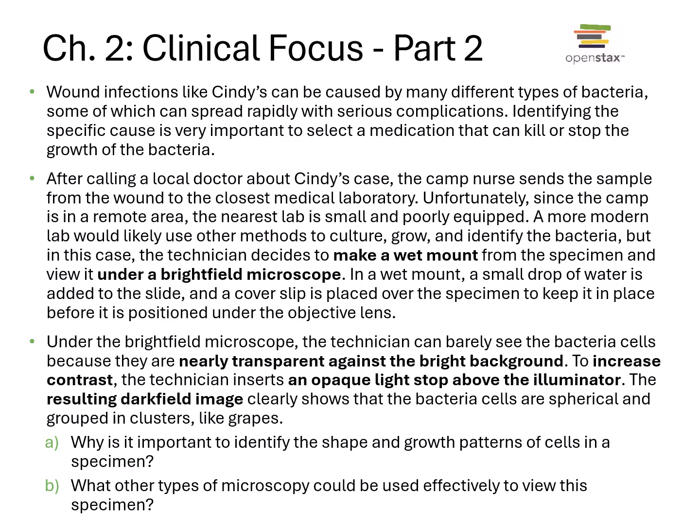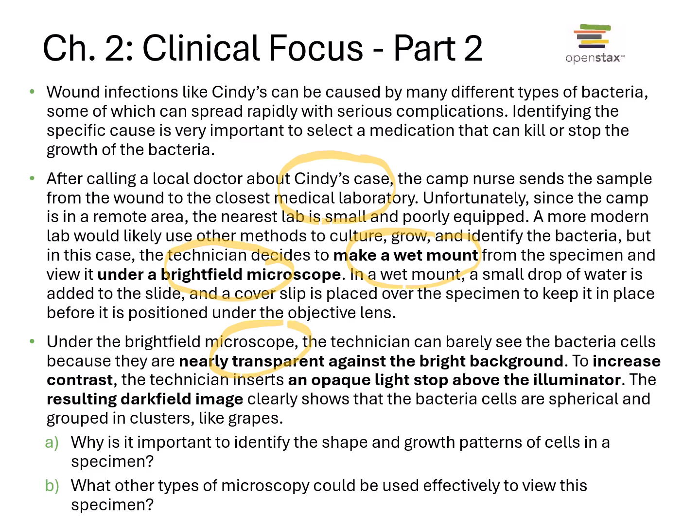Here our book brings us back to that clinical focus problem. Here, Cindy's sample is going to be sent to a medical lab that's pretty small and poorly equipped, so they do what they can, including making a wet mount from the sample. Here they're just putting the sample on a slide and trying to check it out under bright field microscopy, but because cells are transparent pretty much against the background, you can't see much.